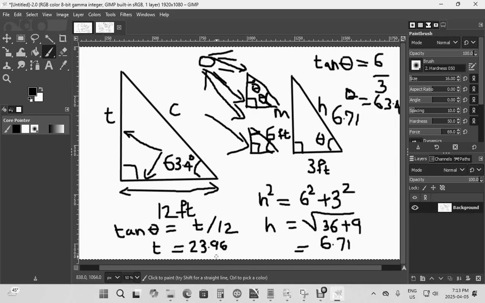This is the height of the tree, and you can approximate this solution to 24 feet, because after the decimal place, this number is 5 or bigger than 5.